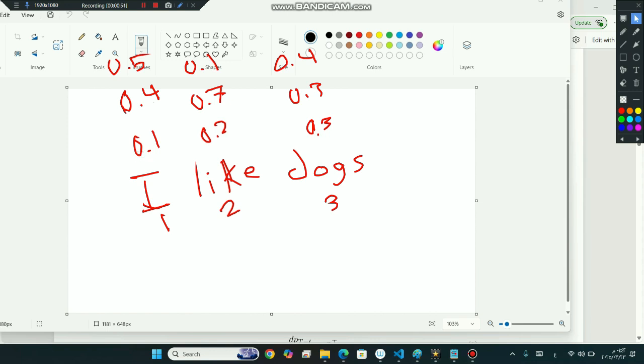The probability of the first word from the vocabulary over the third word from the vocabulary, for example, is 0.1 over 0.5. So in this way, we will be predicting the ratios between the probabilities of the words from the vocabulary instead of predicting the absolute probabilities for each word from the vocabulary to appear at a certain slot in the sentence.